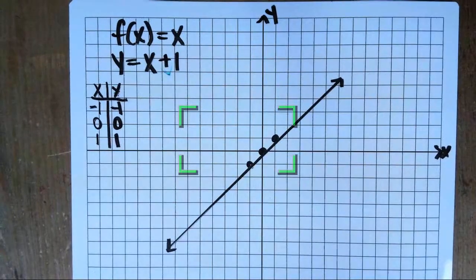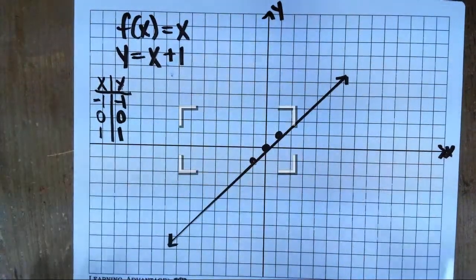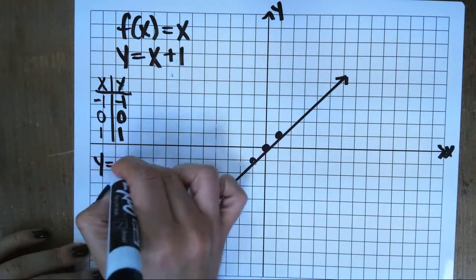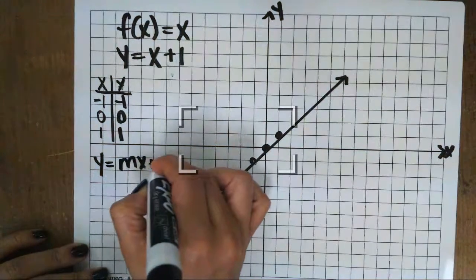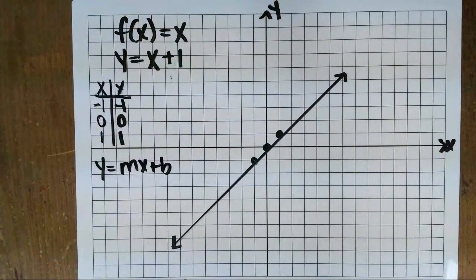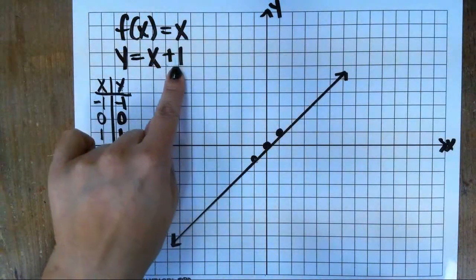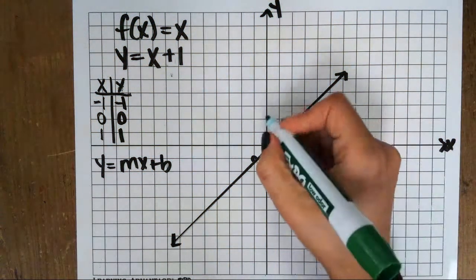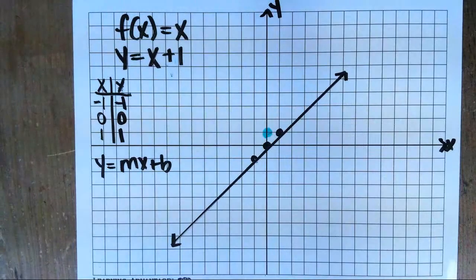So if I do a +1, okay, this now looks like y equals mx plus b. And how do you graph a line that is in slope-intercept form? Remember that the first thing you want to do is plot your y-intercept, which in this case is 1, okay? So I'm going to come up here to +1 on my y-axis, and then my slope here you see is 1.